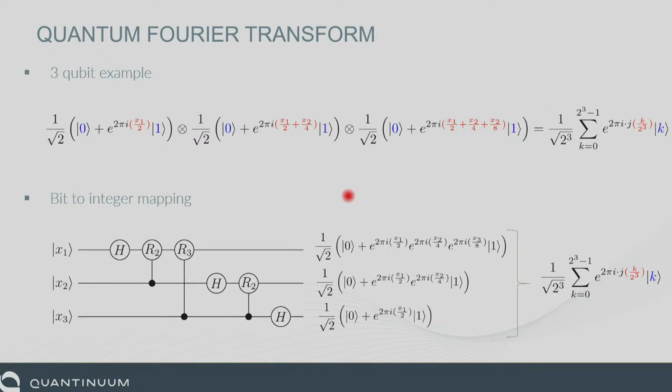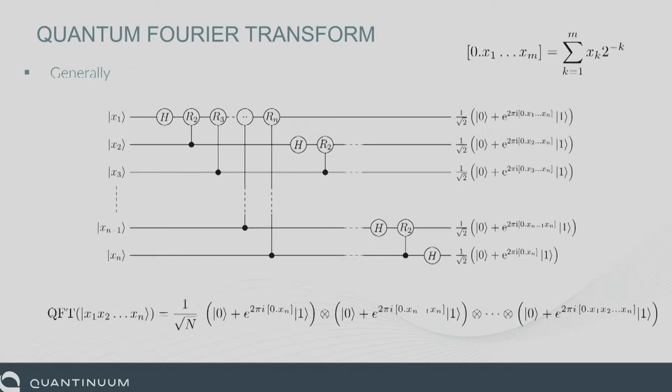And then the quite subtle step in Nielsen and Chuang is this mapping: you map back from the integer mapping to the bit mapping to the integer mapping, which is very confusing. Okay, but basically, that's the generalization, and you can see you get higher and higher resolution fractions.